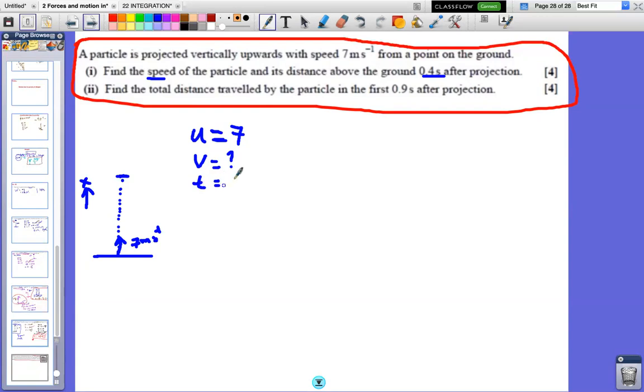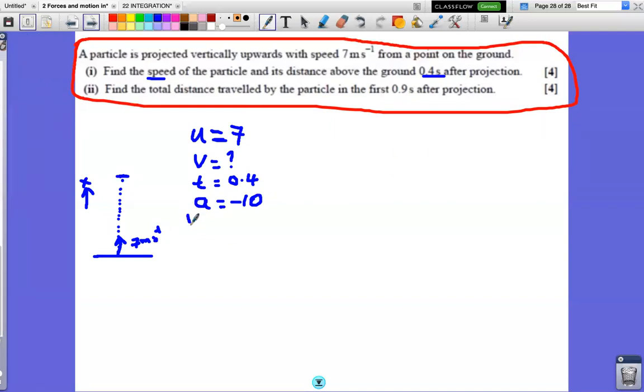T is 0.4. What else? A is what? -10. -10. I'm happy to hear that.